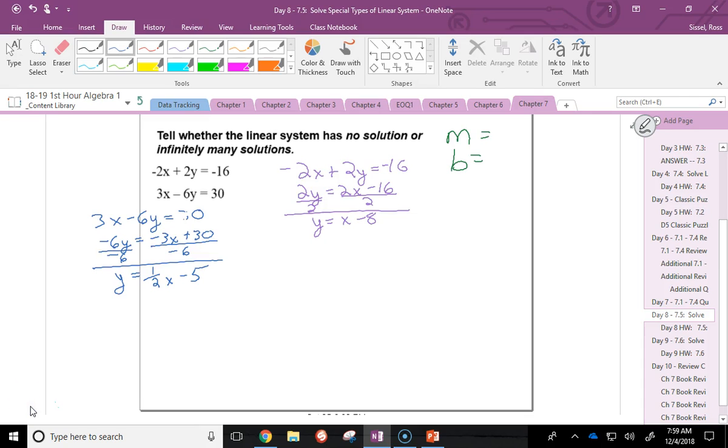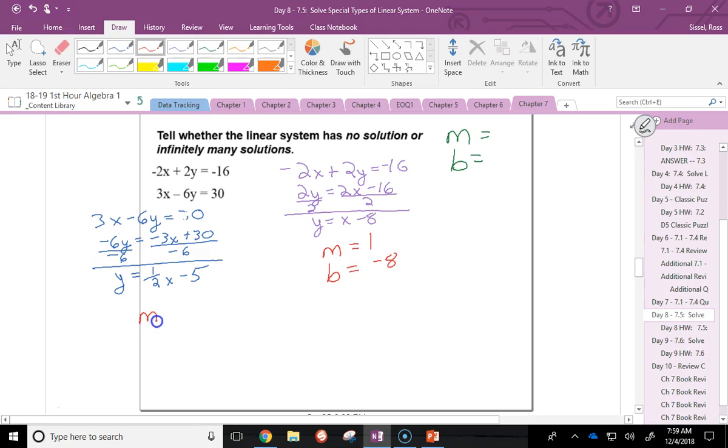All right, so some people said they have the same y equals as I did. So if we look at the first line, I'm going to get my slope to be 1, and my y-intercept was -8.